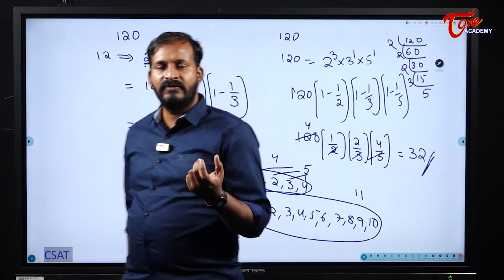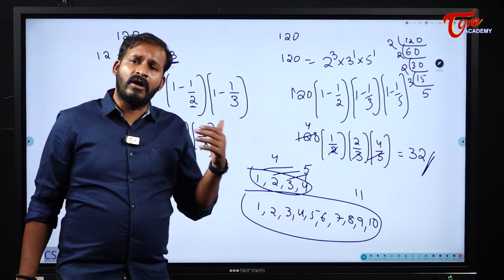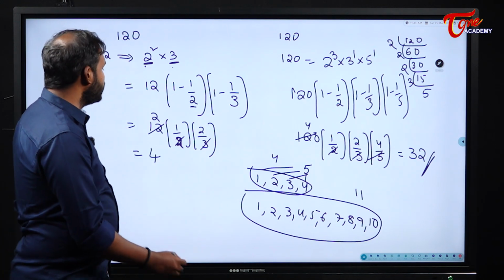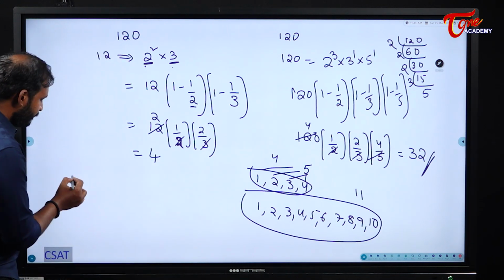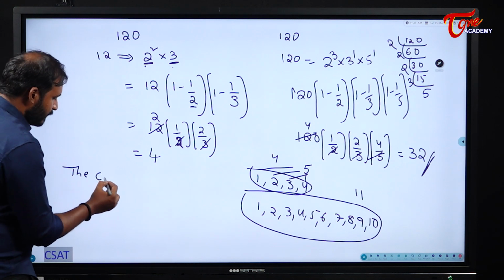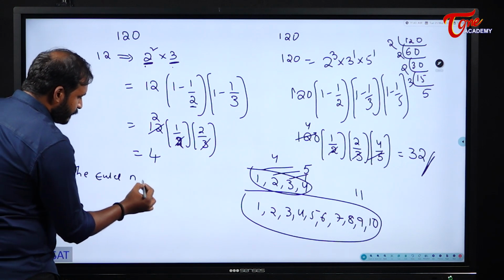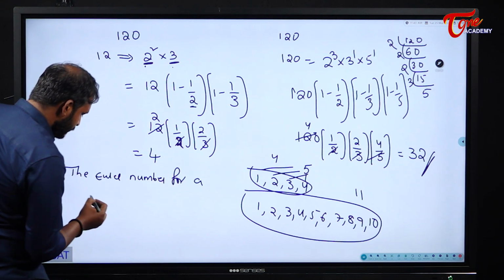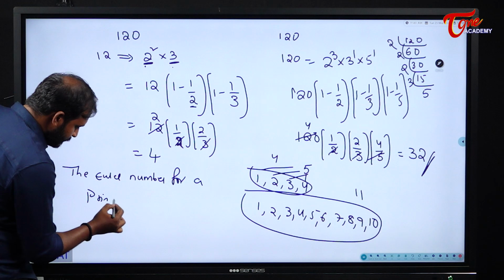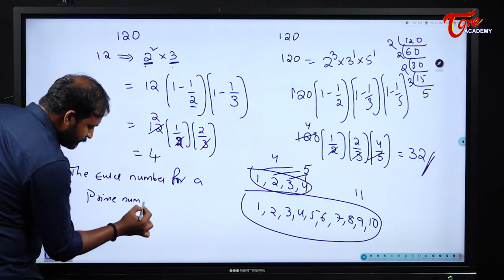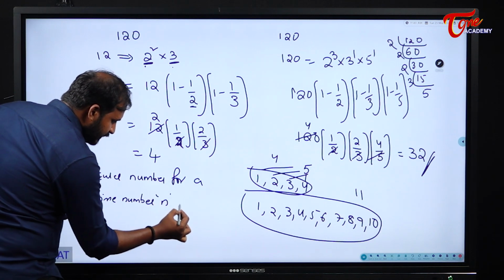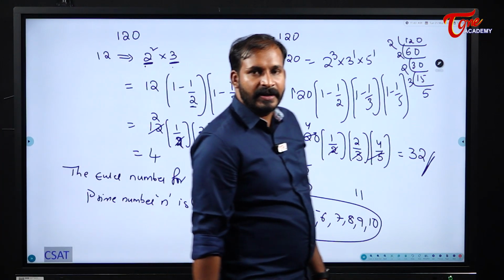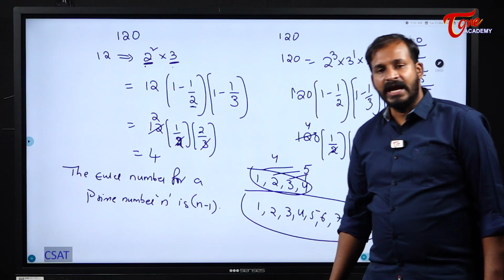Why? Because it will form co-prime pairs with all the numbers below it. So from this what we can say is the Euler number for a prime number n is n minus 1.